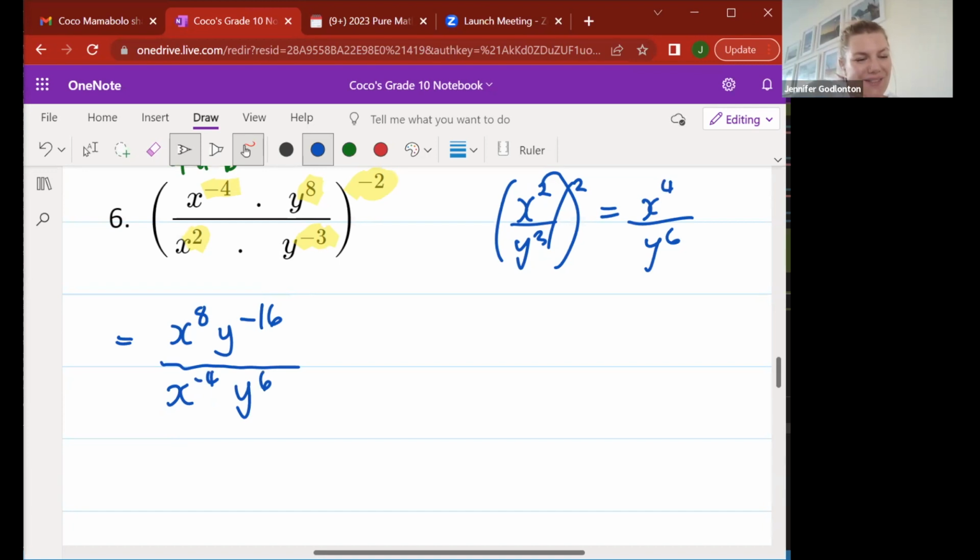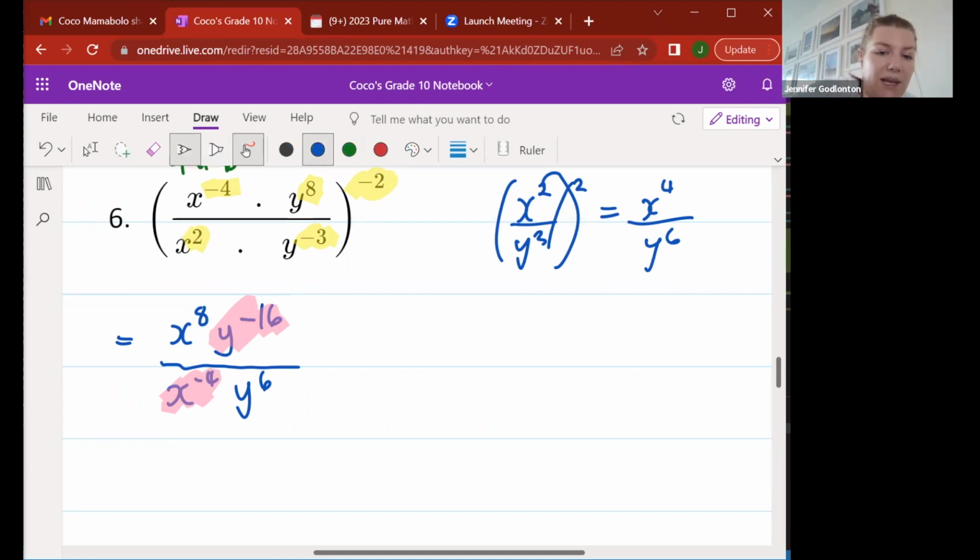Okay. Now you've got two different approaches that you can take from here. The first thing you could do is say, well, this one is negative and this one is negative, so they need to flip around.